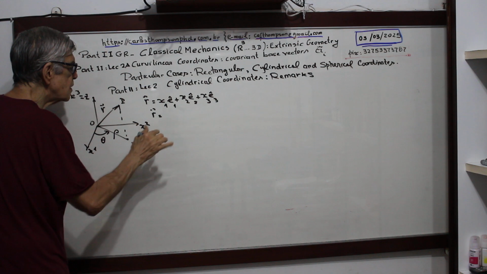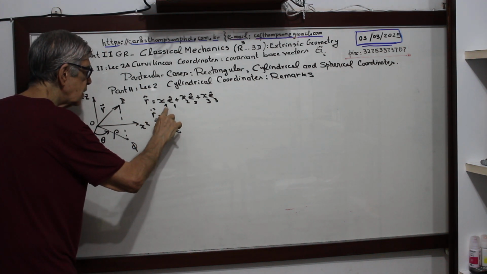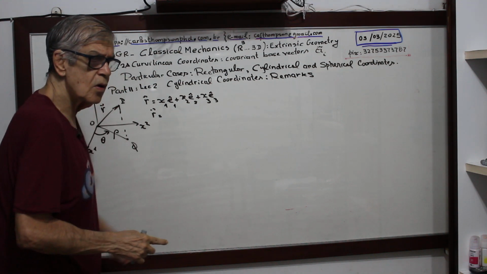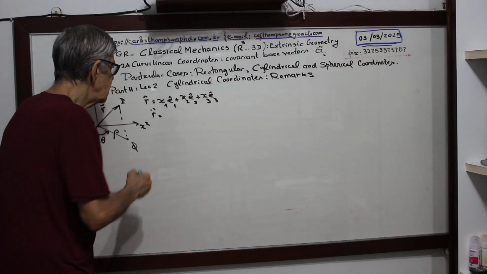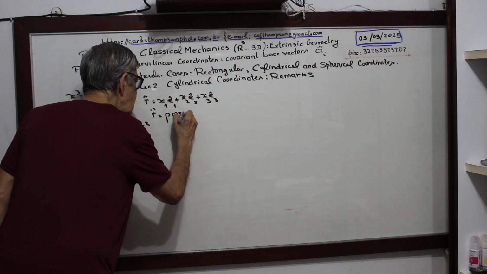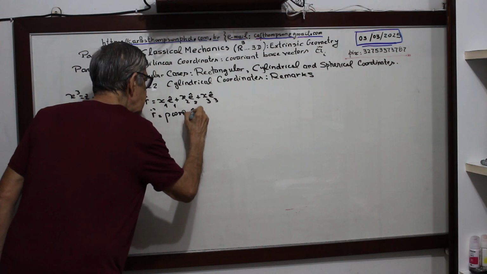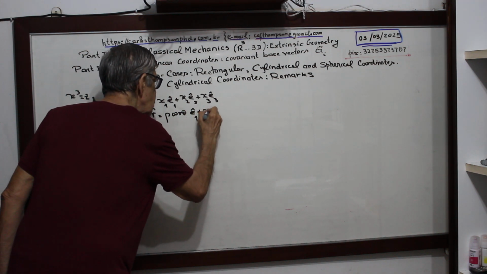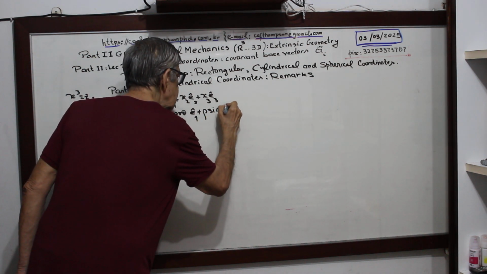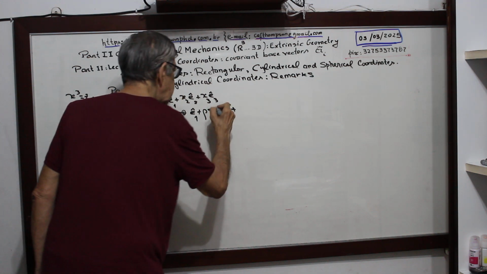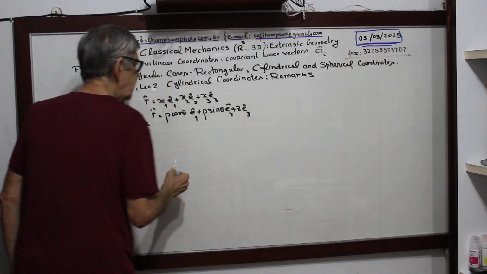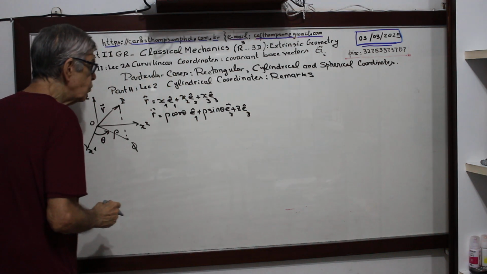Okay, before doing that, let's express x1, x2, x3 in terms of cylindrical coordinates. If you remember, I have rho cosine theta E1 plus rho sine theta E2 plus Z E3.